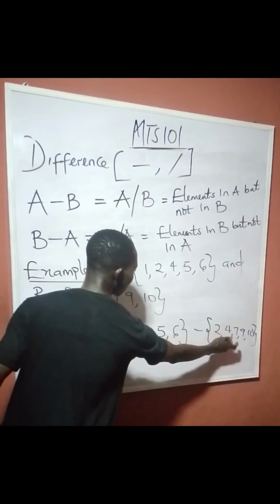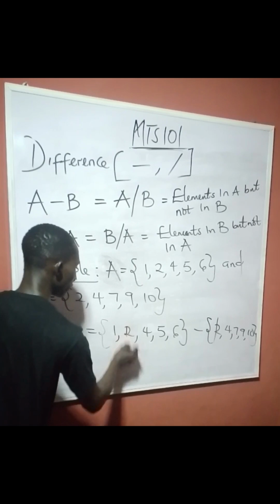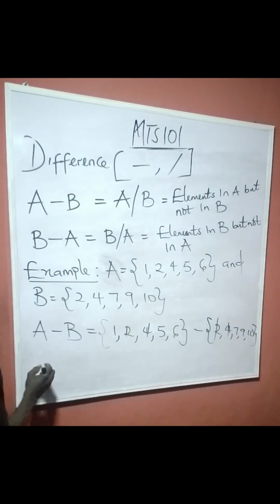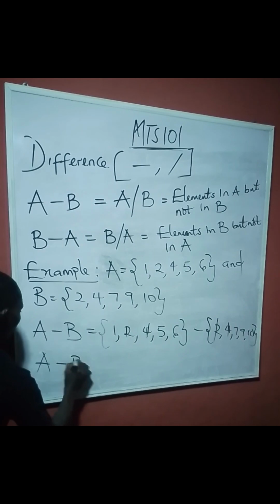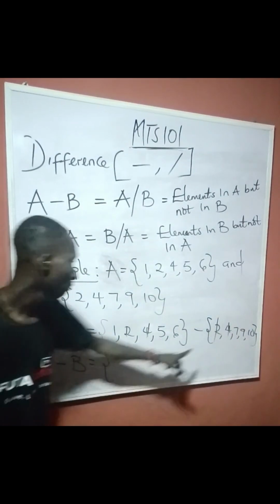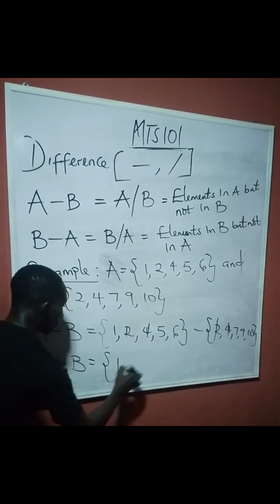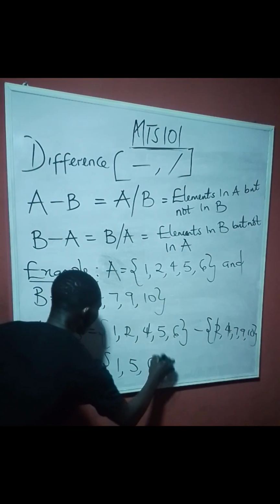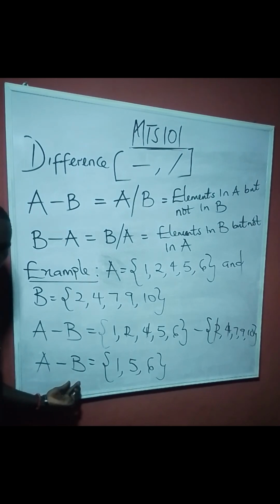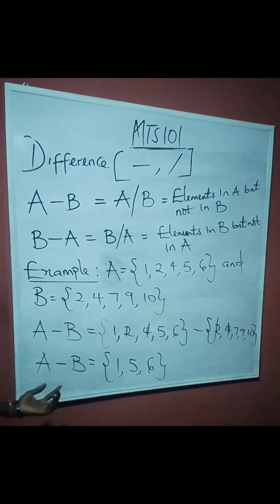I take out the elements here that are also here. So 2, take this off, and 4. These are the elements left in A but not in B, which are 1, 5, and 6. That is how you find A difference B.